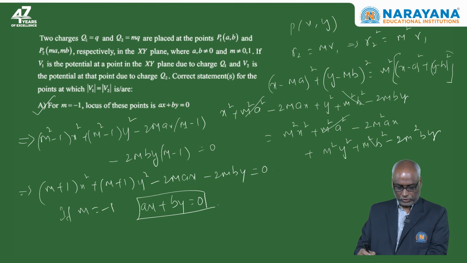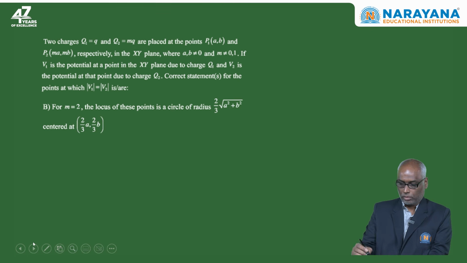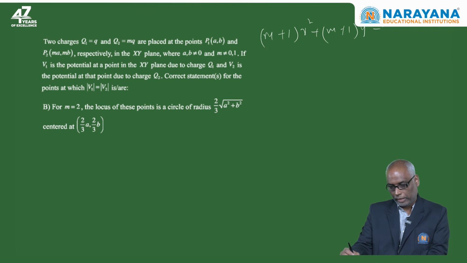Let us see the other options. The general equation we got is m plus 1 x square plus m plus 1 y square minus 2m ax minus 2m by equal to 0. So, in the second option they given m is equal to 2.